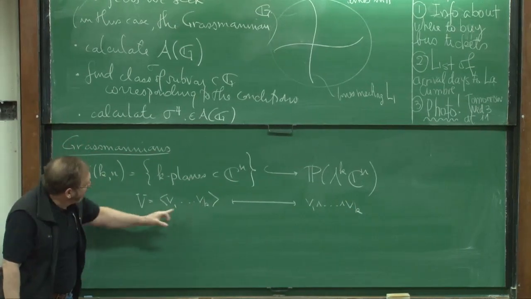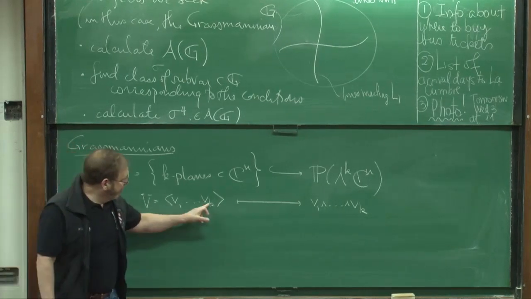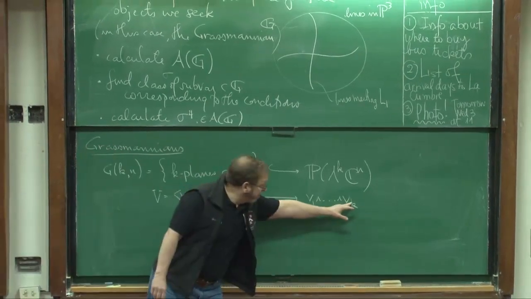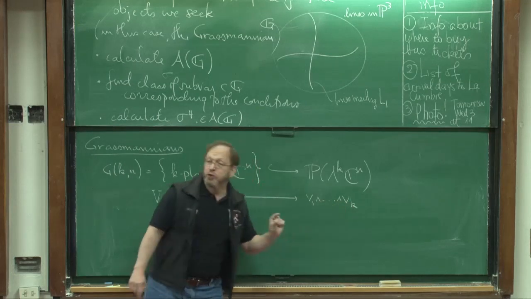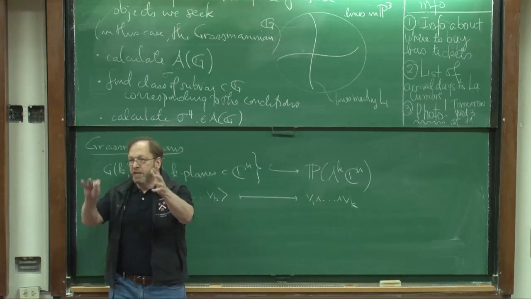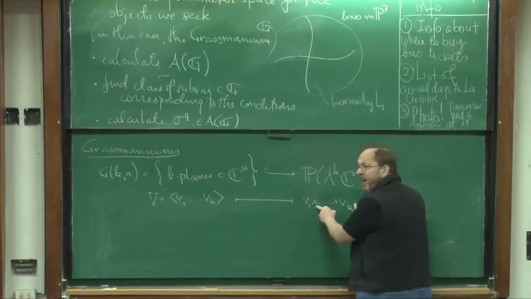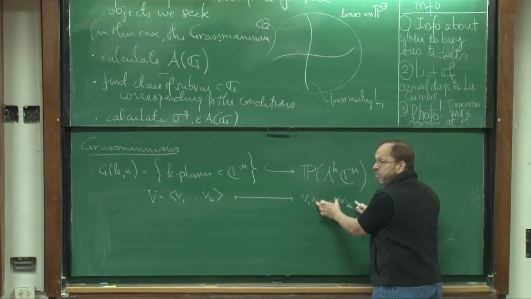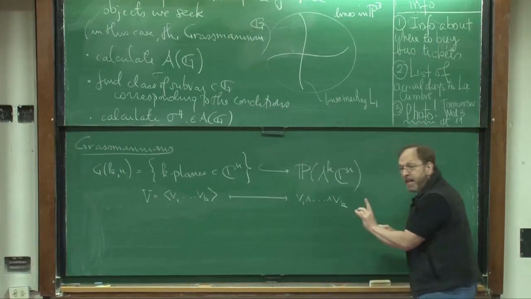Now, obviously, there are a lot of different bases for a given vector space, but if I chose a different basis, the wedge product of the basis elements would be the same up to multiplication by the determinant of the change of basis matrix. So up to scalars, this is a well-defined vector in the kth exterior power of C^n, or equivalently, a well-defined point in the projective space.